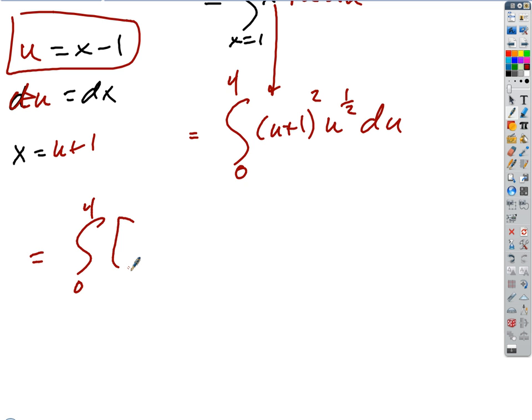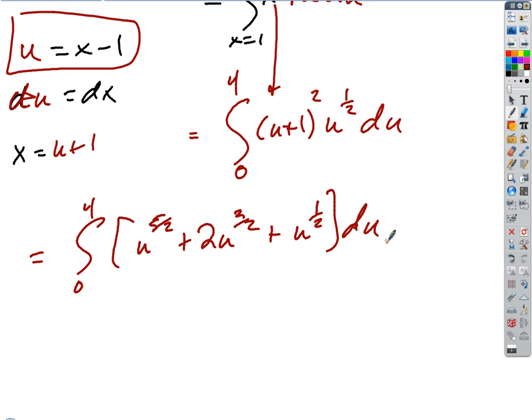U squared times u to the 1/2 would be u to the 5/2, right? Plus 2u times u to the 1/2, 2u to the 3/2, plus u to the 1/2. There it is, right?